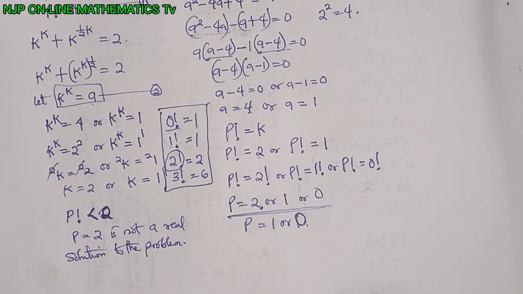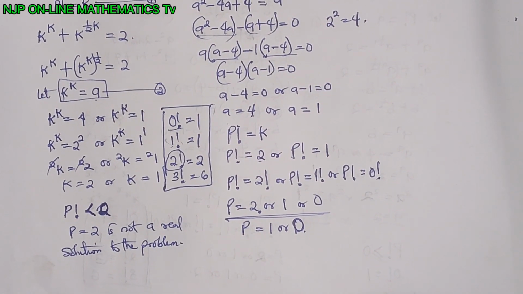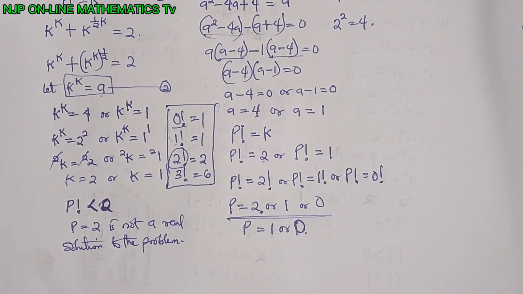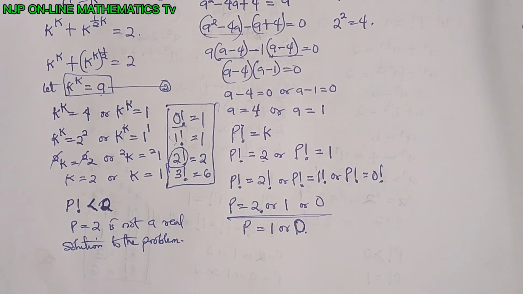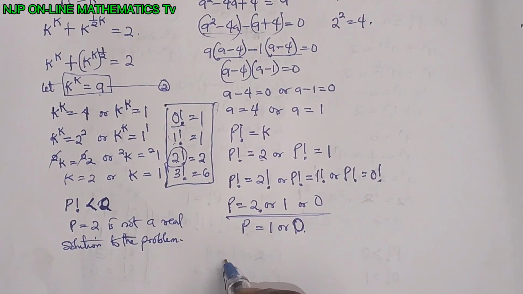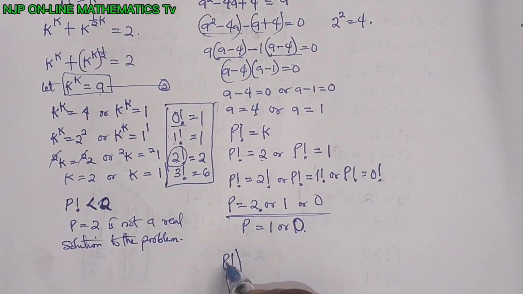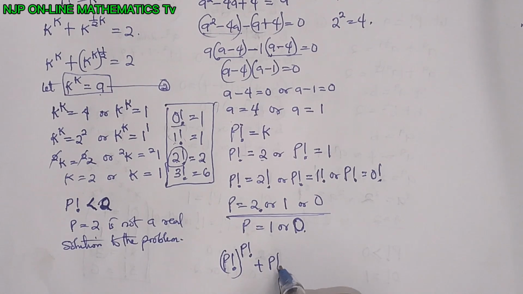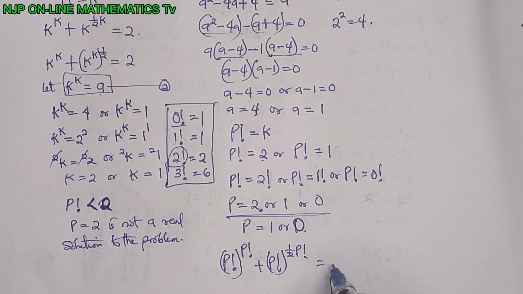So we need to check from the equation whether we are truly having that p equals 1 or p equals 0. The relationship was p factorial to the power p factorial plus p factorial all to the power of half p factorial equals 2.